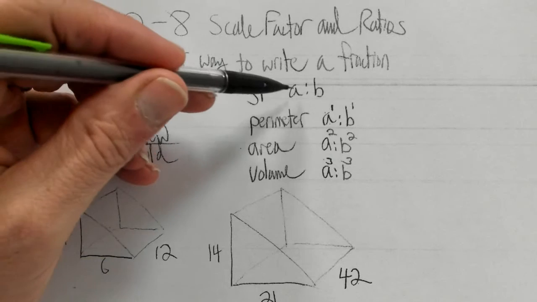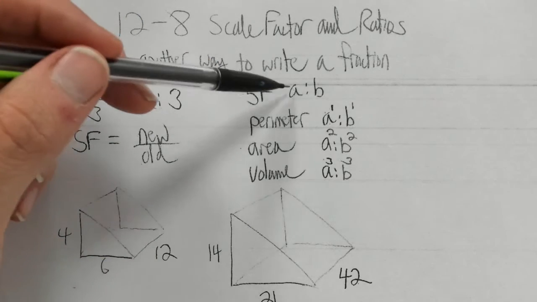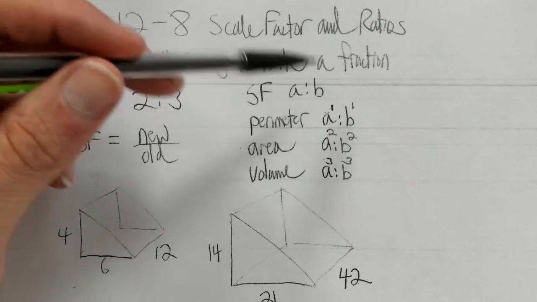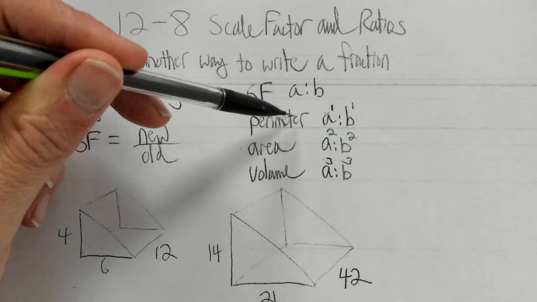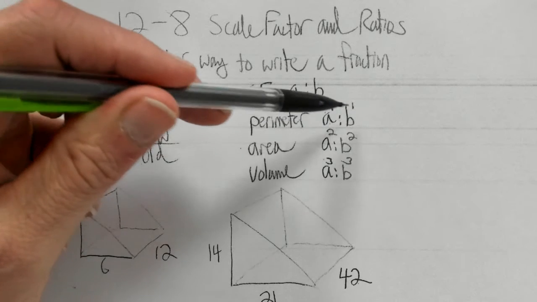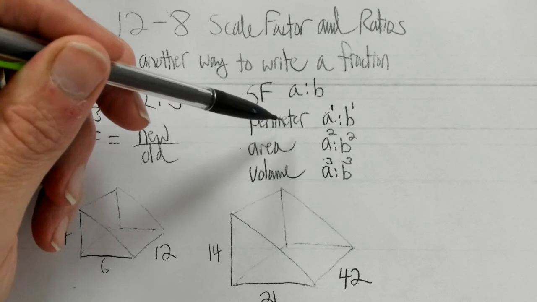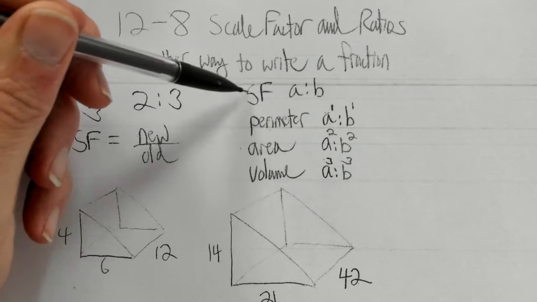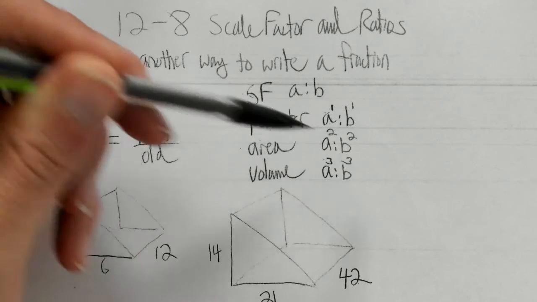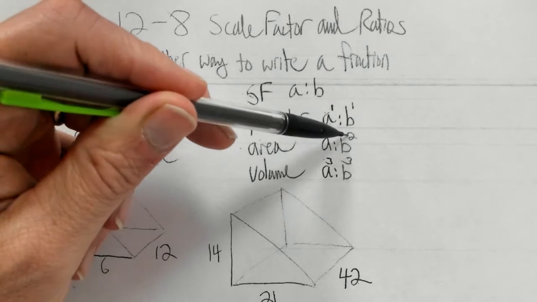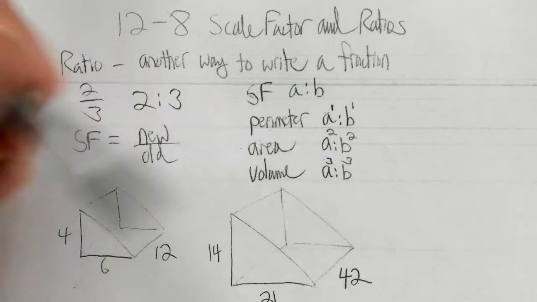If the scale factor is A to B, 2 to 1, 3 to 2, 3 over 2, whatever the scale factor is, then the ratio of the perimeters is A to B to the first power, meaning it's exactly the same as the scale factor of the figure. The ratio of the areas would be A squared to B squared. The ratio of the volumes would be A to the third power to B to the third power.